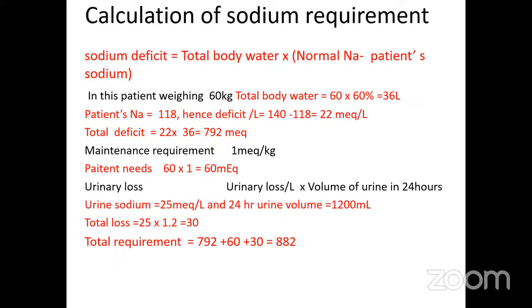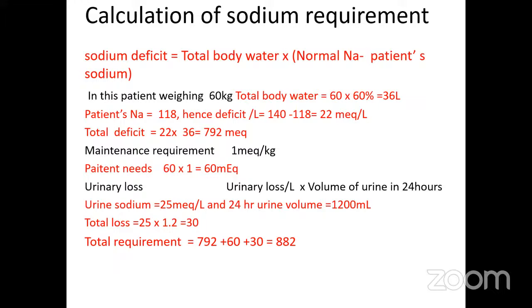Patient sodium is 118. So in 1 liter, the patient has got a deficit of 22 milliequivalents. So the total deficit will be, 1 liter is 22, so in 36 liters, it is 36 into 22. That is 792. That much of sodium is required for correcting the deficit.